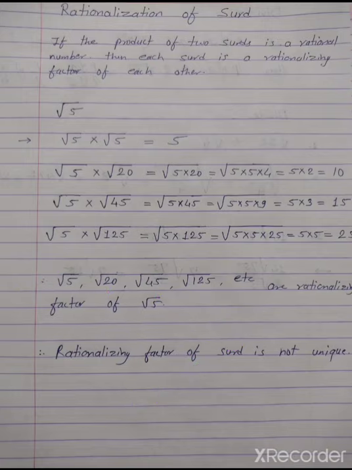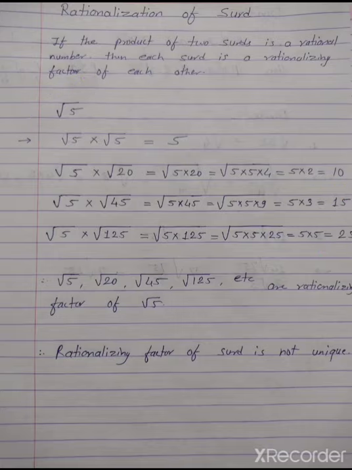From these examples we can conclude that the rationalizing factor of a given surd is not unique. See, it is not unique; there are so many. From these rationalizing factors we can select any one and we can rationalize this given irrational number into a rational number.